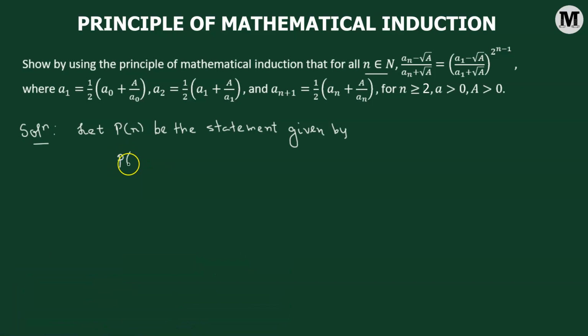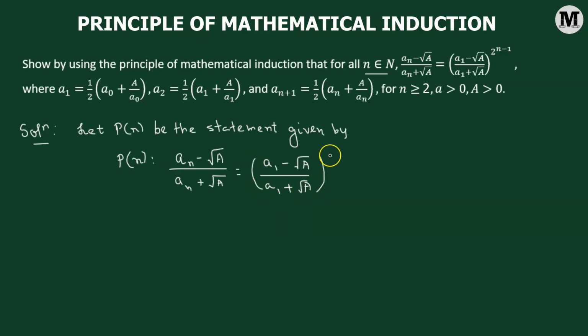We have the statement P of n such that (an minus square root of a) whole divided by (an added to square root of a) is equal to ((a1 minus square root of a) whole divided by (a1 added to square root of a)) whole raised to the power of 2 whole raised to the power of n minus 1.